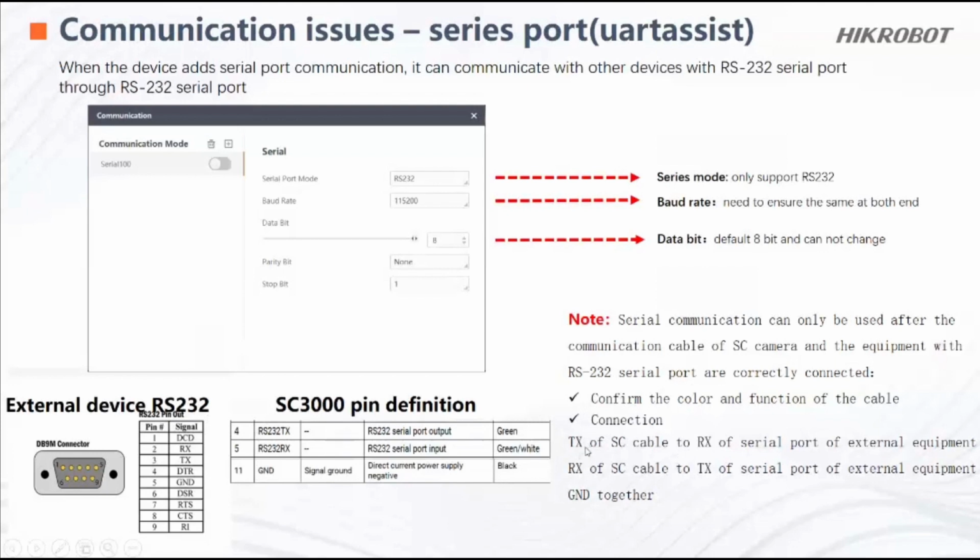You need to remember that TX of the smart camera needs to connect to the RX of the serial port. So it needs an inverse connection, and you need to connect the grounds together. You can directly connect the signal ground and the DC power supply ground together, it is also okay.